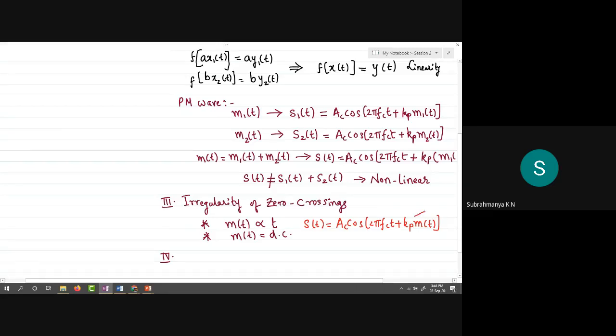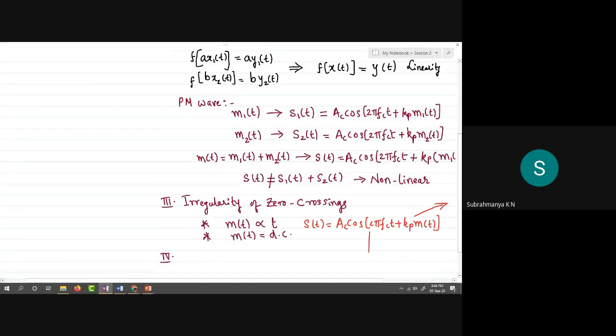So if m of t varies linearly, say a linear increase with respect to time, then the angle will also vary uniformly. There are no irregularities, or non-uniform variation of the angle, unlike the case with a random information signal.